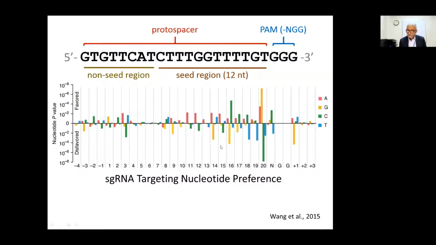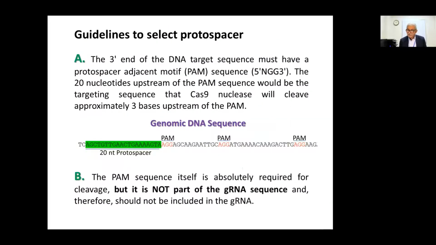Okay, and this is the seed region, and the seed region must have the most favored nucleotide for the gRNA. Okay, so this is what we talked last time, and then we talked about the 4 different rules. The rule number 1 was the 3' end of the DNA target sequence must have a protospacer adjacent motif, PAM. Okay, so the target DNA must have a PAM at the 3' end of the protospacer.